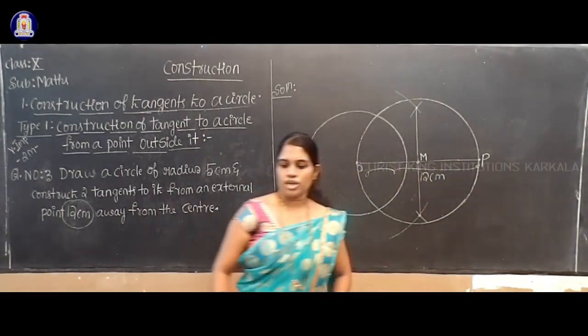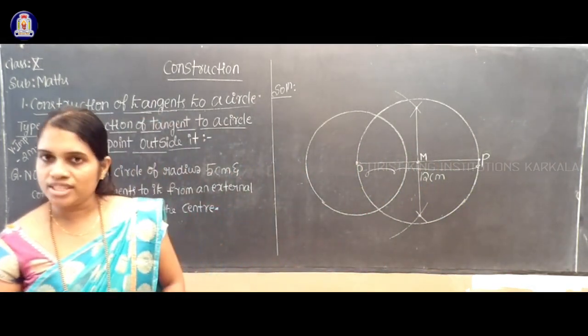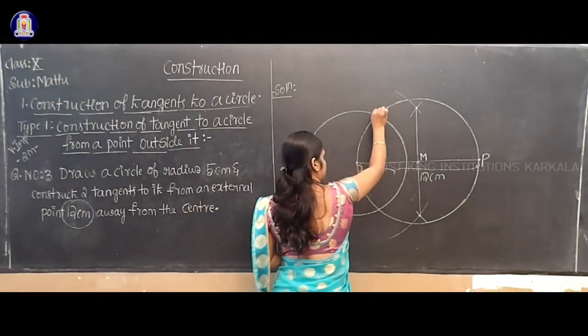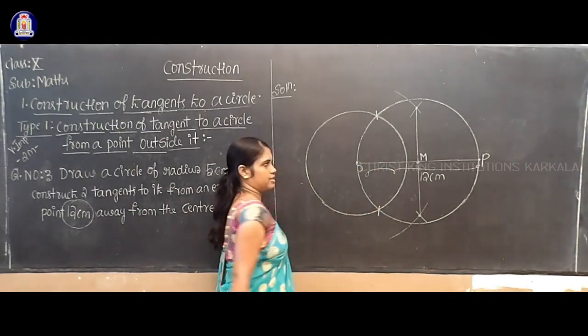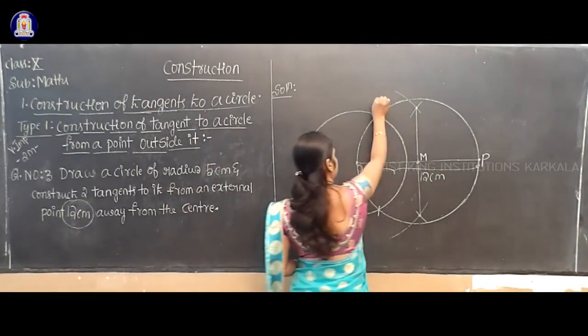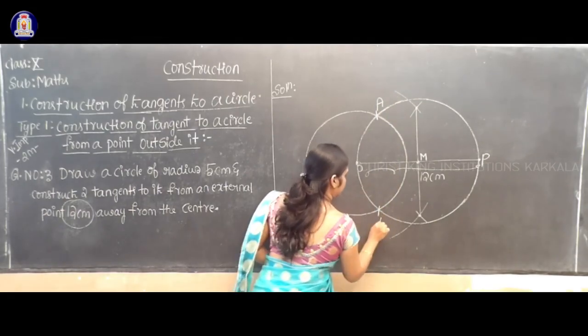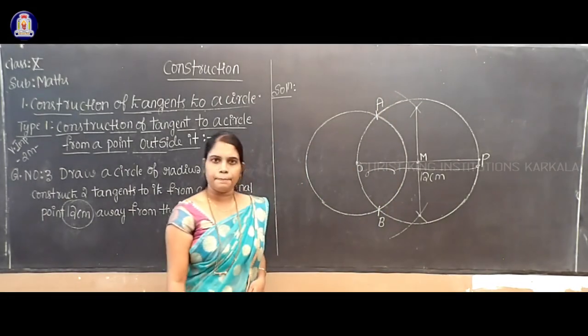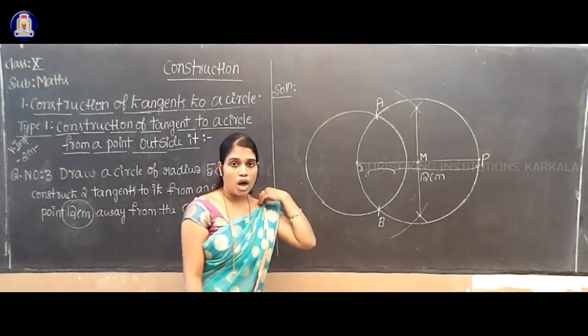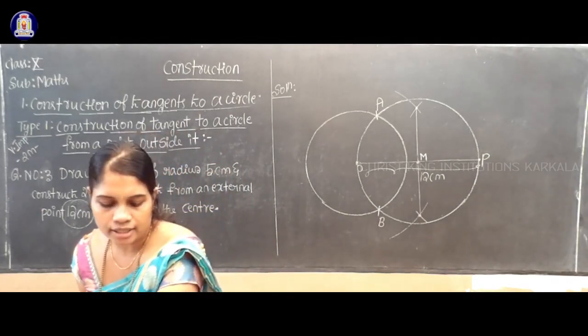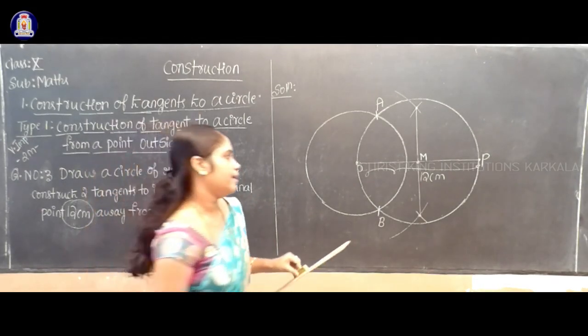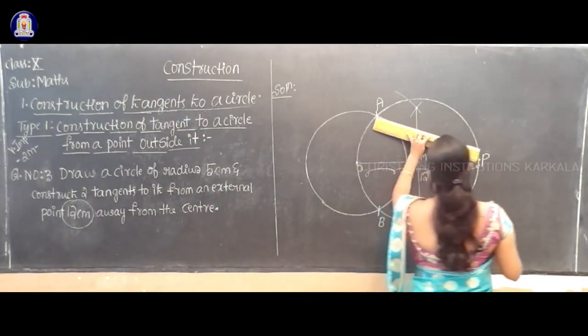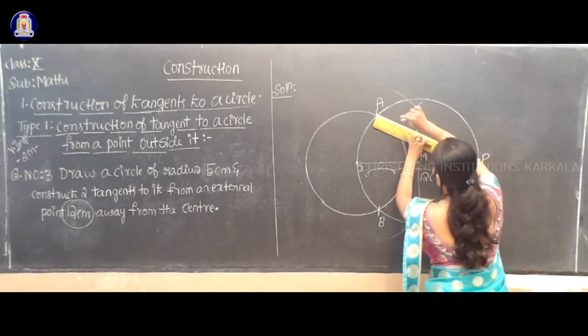Yes. So now these 2 circles are intersecting at these 2 points, isn't it? So mark these 2 points as A and B. Okay. So now I will join AP and BP. Okay. So join this up.